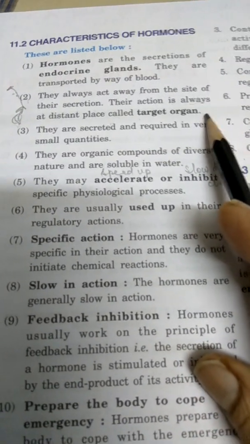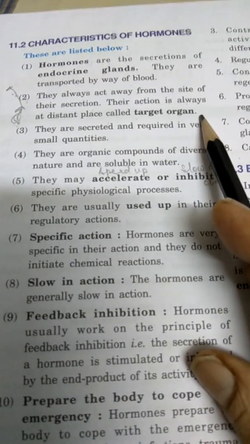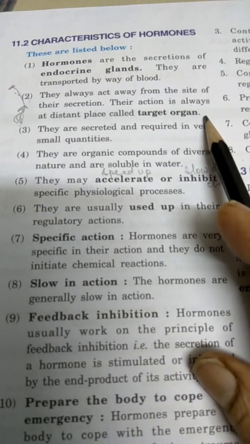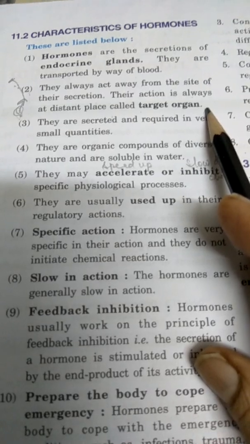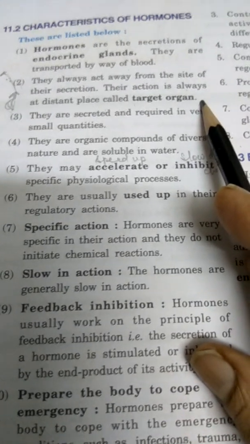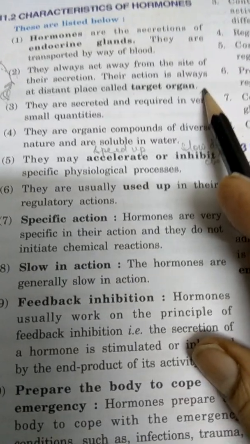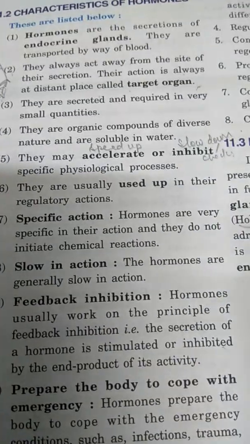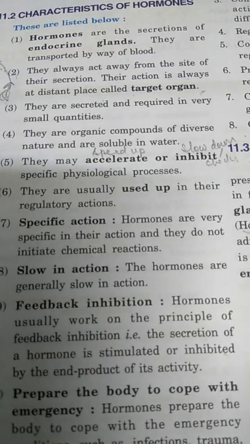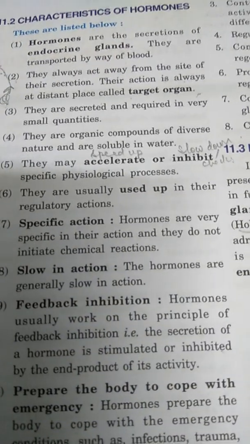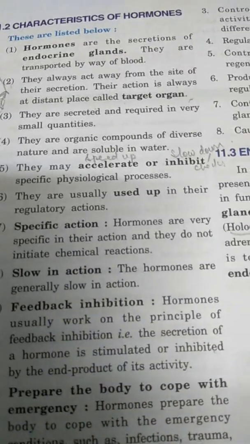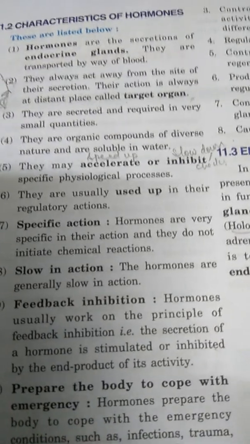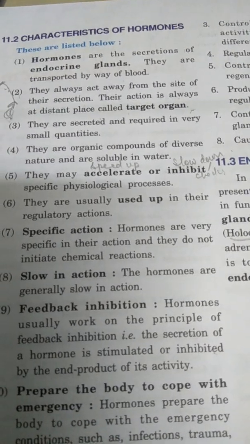Those testes produce a sex hormone, testosterone, and the function of this hormone is to develop the secondary sexual characters in males. That is, in the adolescent age, when the puberty stage comes, the deepening of voice and the development of beard and mustaches are seen on the face of males. It is because of testosterone.